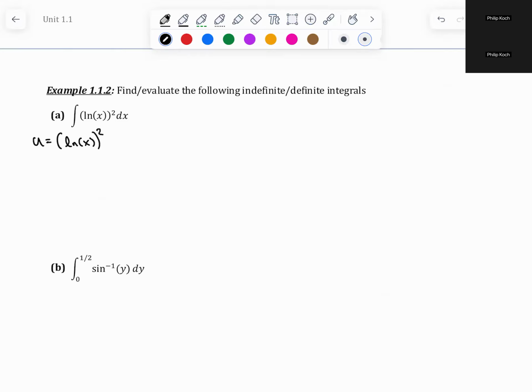I want you guys to fill in the rest. Find your du, find your dv, and then use that to find your v, and set this thing up. I will slowly fill in details. Chain rule is going to be your friend here.